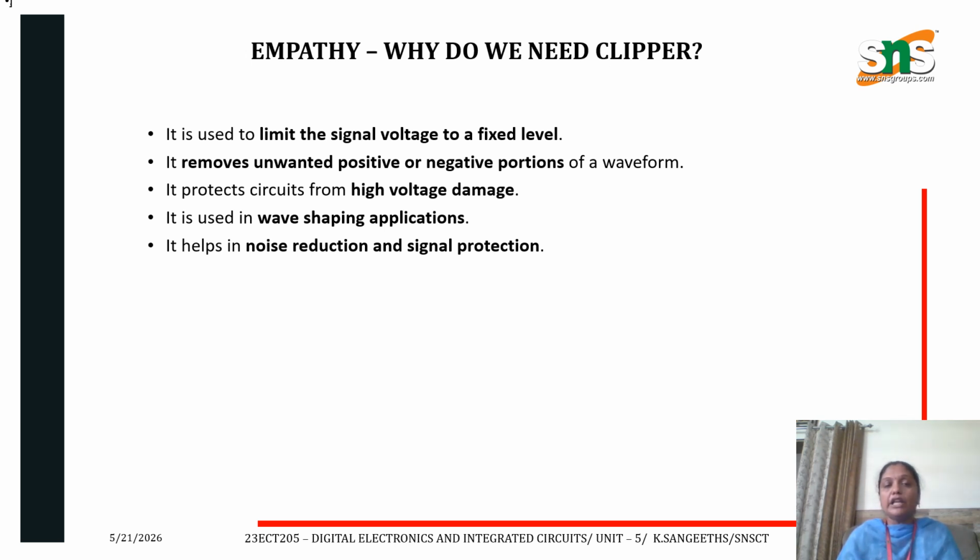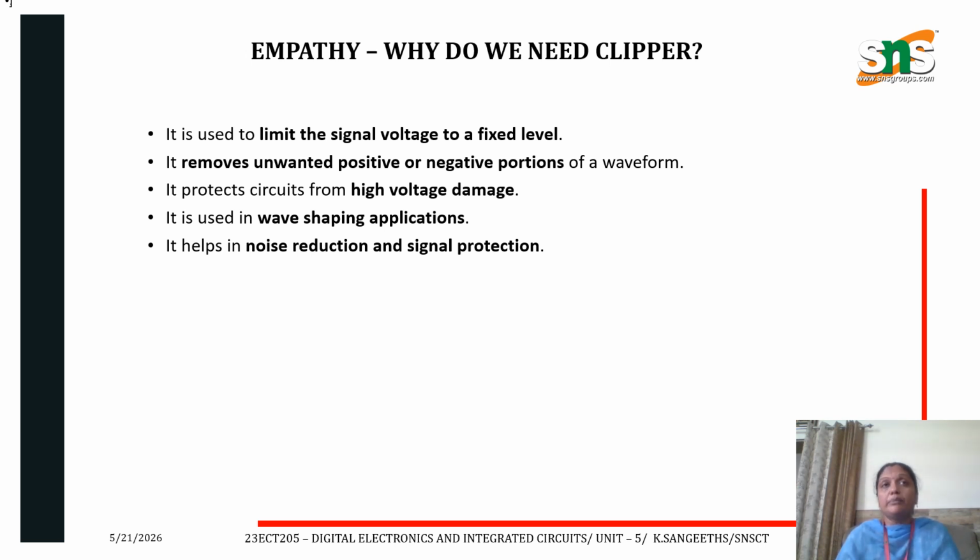It is mainly used to limit the signal voltage to a fixed level. Also, the main need of this circuit is that it protects the circuits from high voltage damage. It is mainly used in analyzing electronic circuits, communication systems and medical equipment.